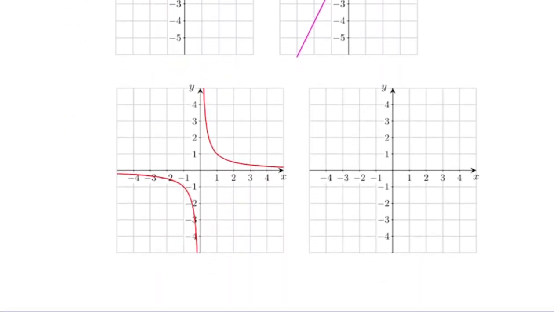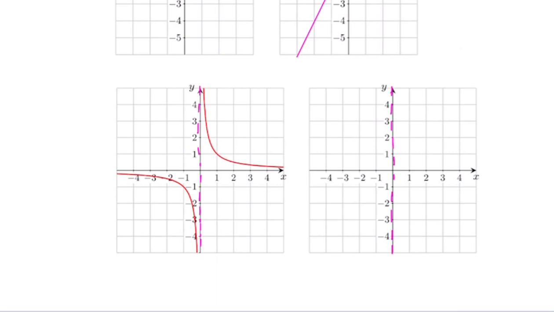This one, you can see first of all that you have an asymptote at the y-axis, and if you have an asymptote at the y-axis, you're still going to have an asymptote on your gradient function. Same asymptote, vertical asymptote.